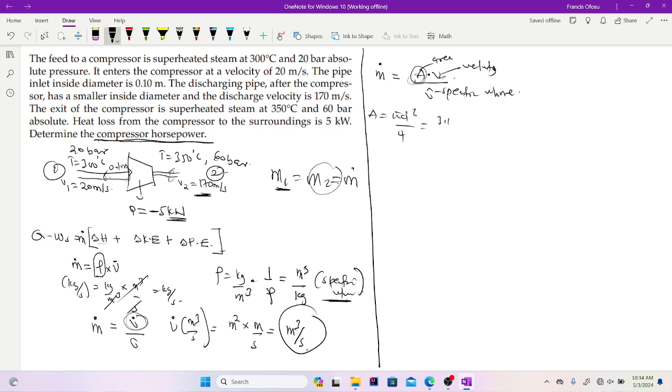So 3.142 multiplied by 0.1 squared all over 4, and we get 0.007855 meter squared. That is our area.